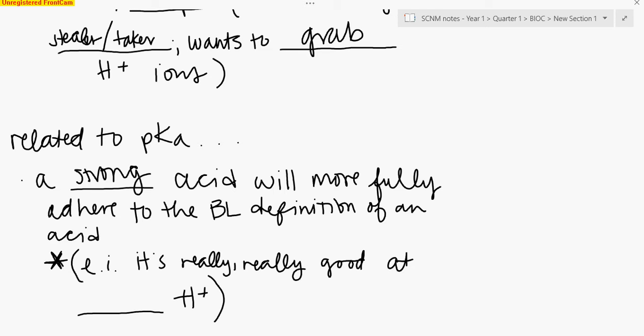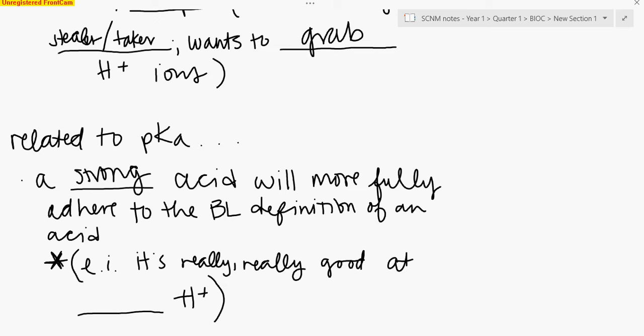But as we know, biology, life, chemistry, all those things in general tend to be not so cut and dry. It tends to be in degrees. So what we're saying here is that a stronger acid will more fully fit the definition of a hydrogen donor, whereas something that's, say, a weak acid might not be as good of a hydrogen donor. That's all that this is saying.